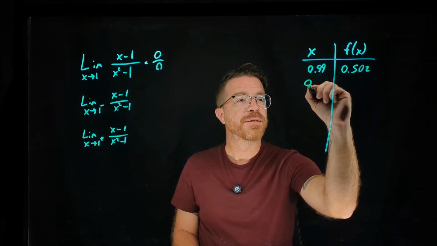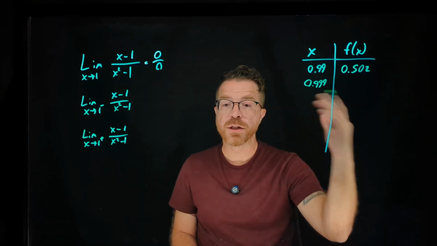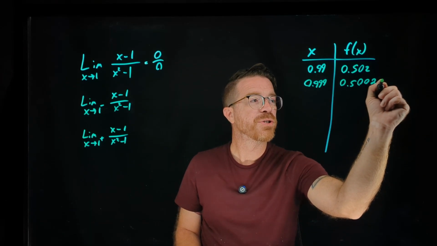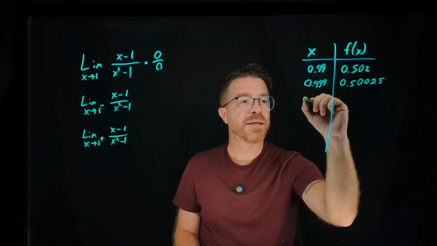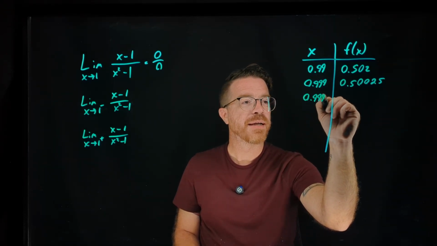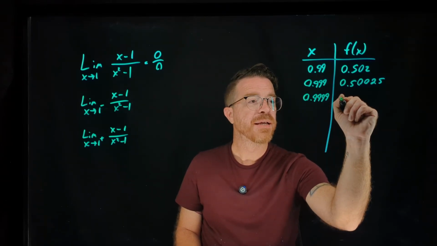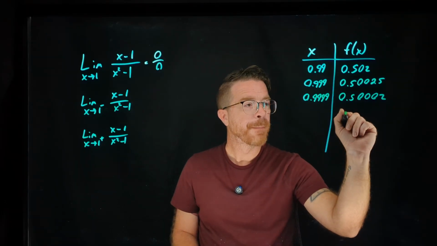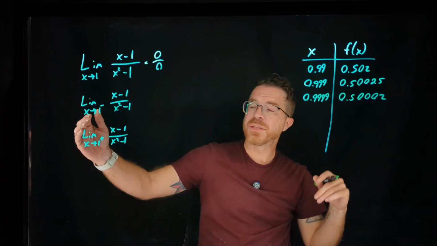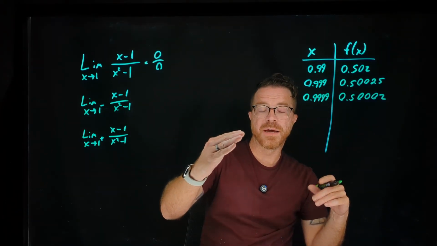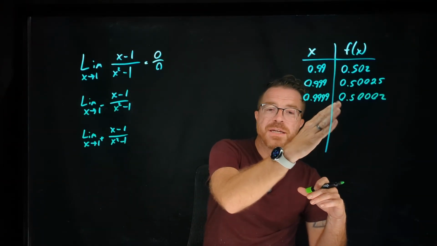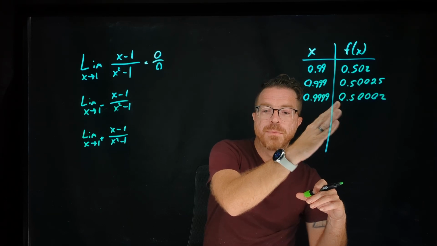If we plug in 0.999, getting closer to 1, we get 0.50025. If I plug in 0.9999, I'm going to get 0.50002. So looking at this, coming from the left side, as I approach x equals 1, it looks like I'm getting closer and closer to the value 0.5.